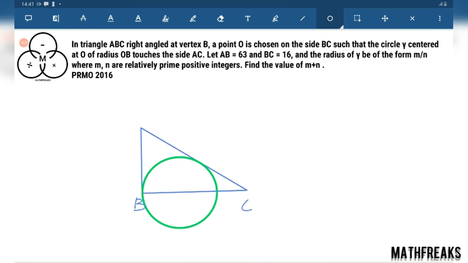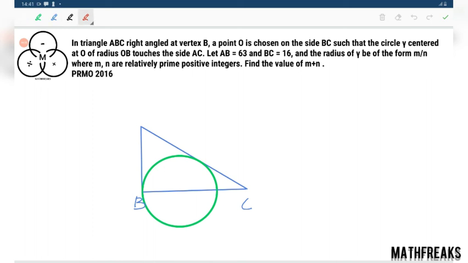This is the circle. Take some point O here. OB touches the side AC. This is A. So how do you solve this question? This is a very easy question.